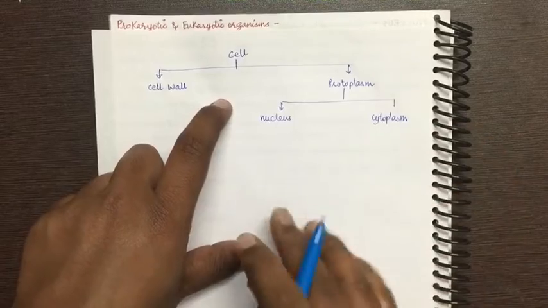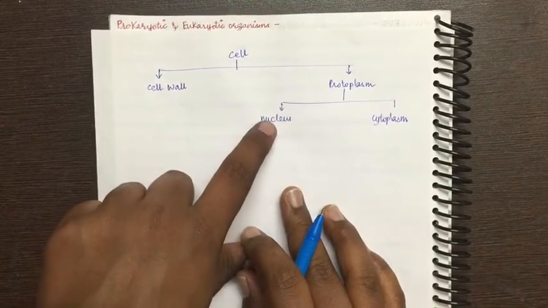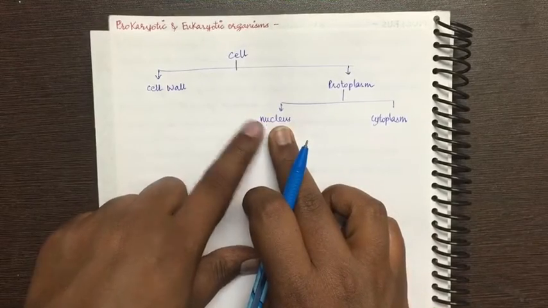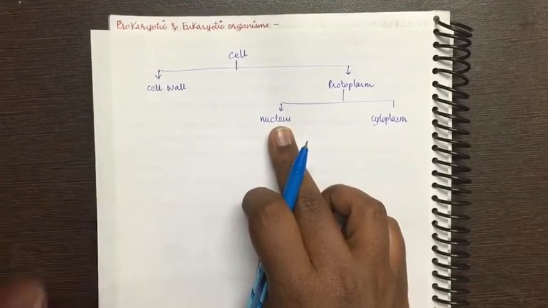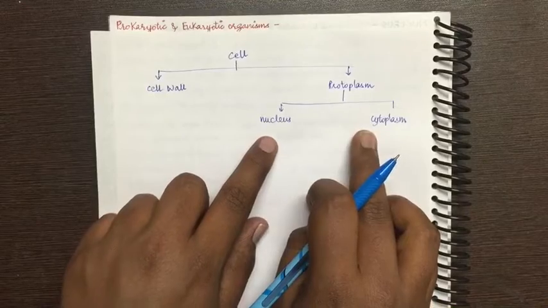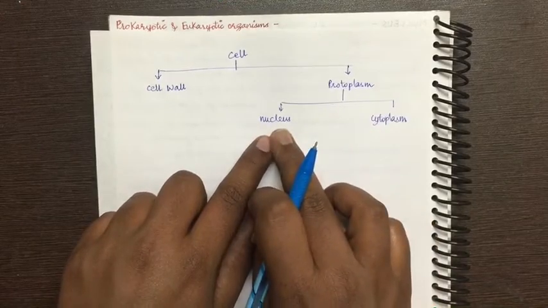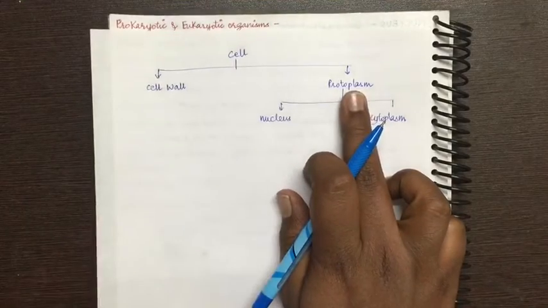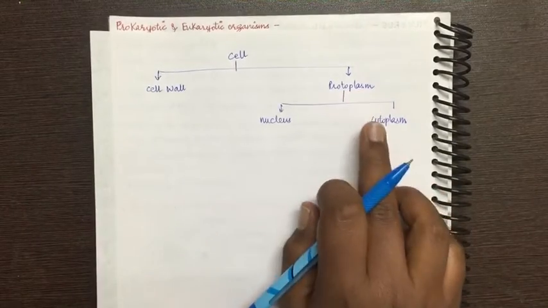Hope you are understanding well. Protoplasm means nucleus and cytoplasm, both together make the protoplasm.